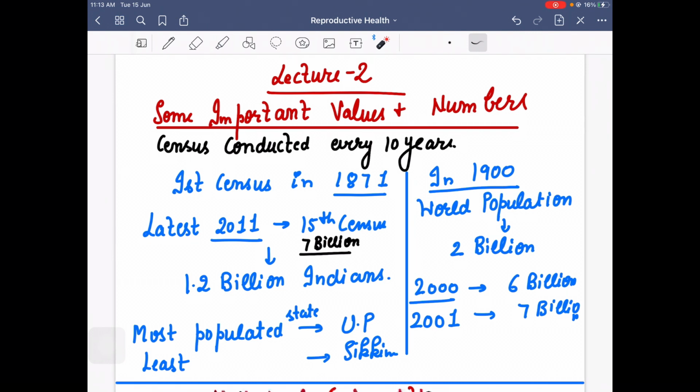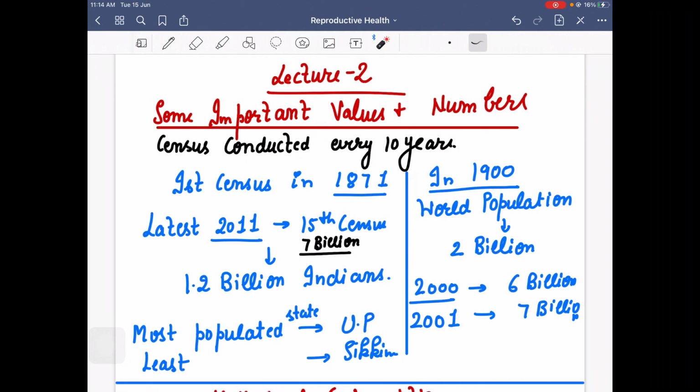So I told you that the census is conducted every 10 years, right? And we specially said that the first census was held in 1871, right? In 1900, this time I made a difference, because you were getting confused between the normal population and the world population.